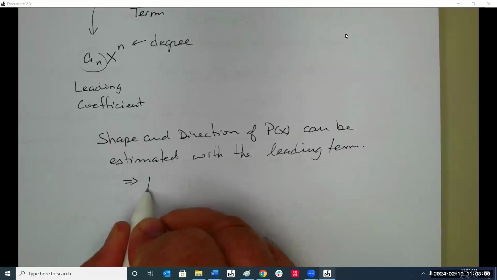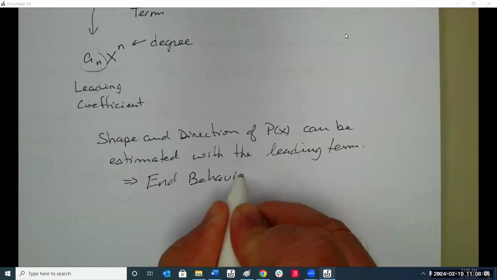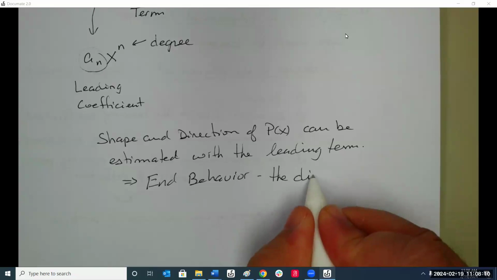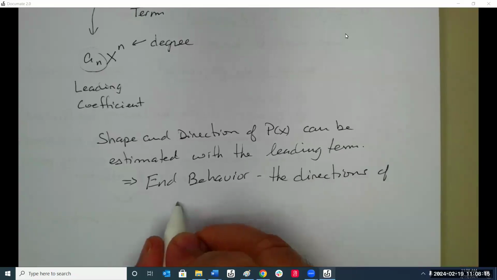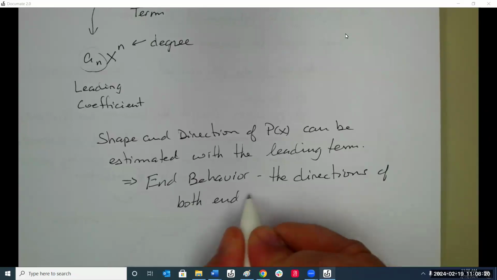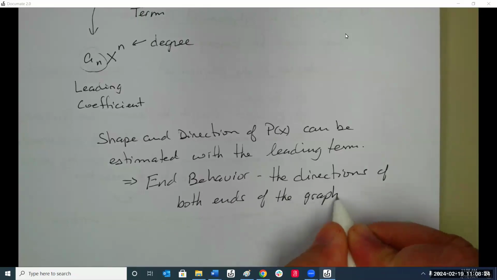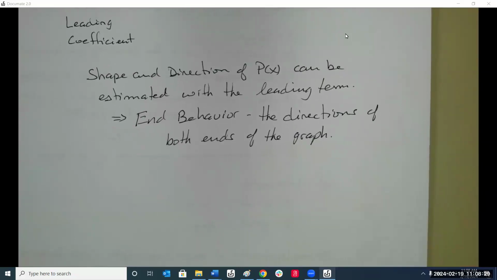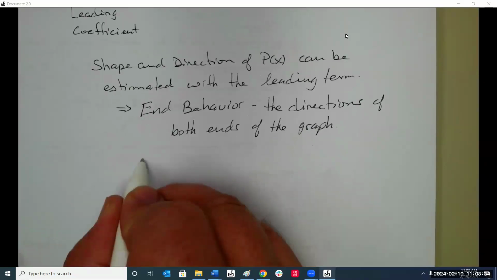We look at what's called the end behavior. The directions of both ends of the graph. So this is how we're going to do it.